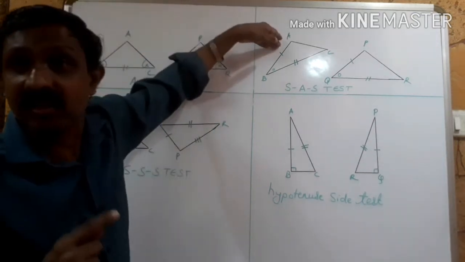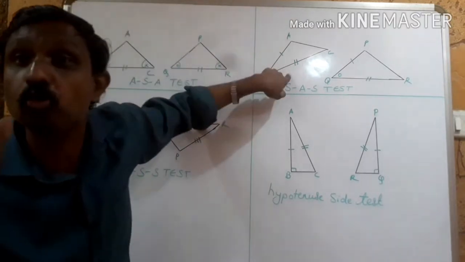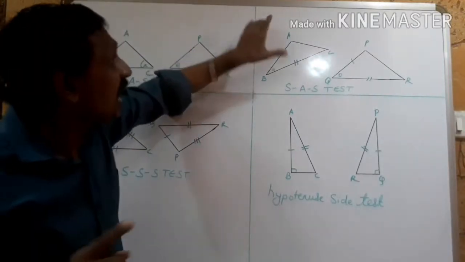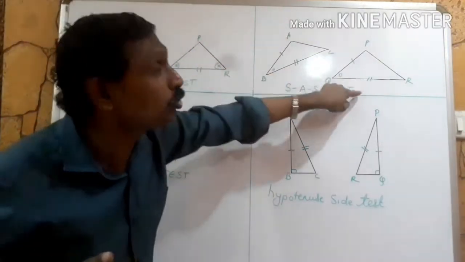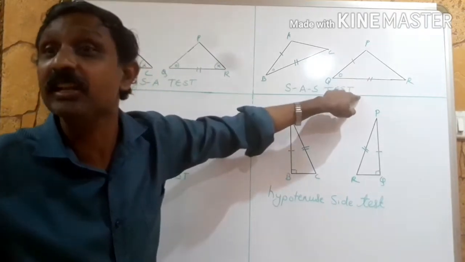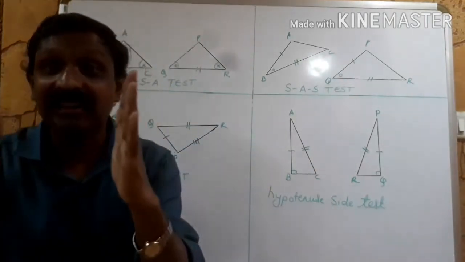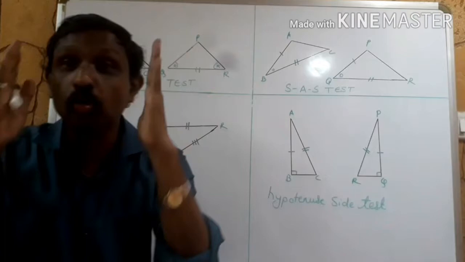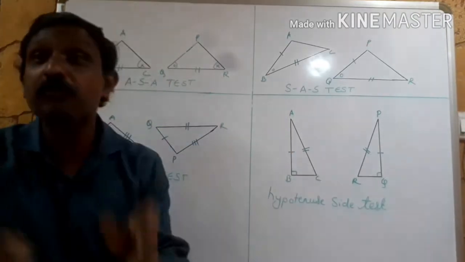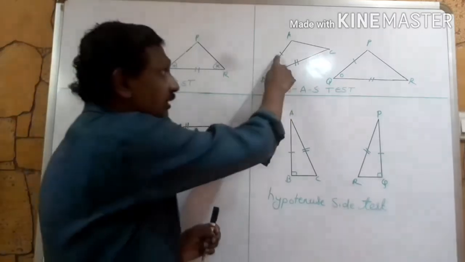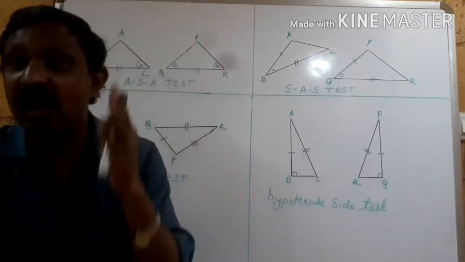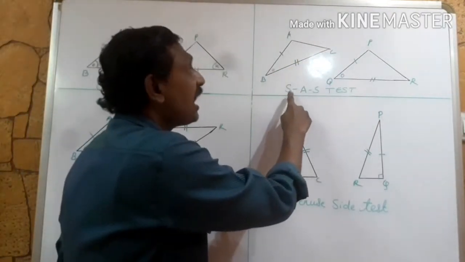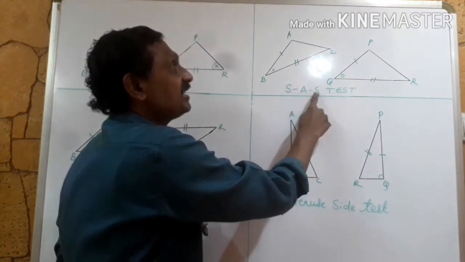Further, in this case, in a correspondence, if two sides of triangle ABC are equal to two sides of triangle PQR and the angle included by the respective pairs of sides are equal, then the two triangles are congruent by SAS test, side angle side test.